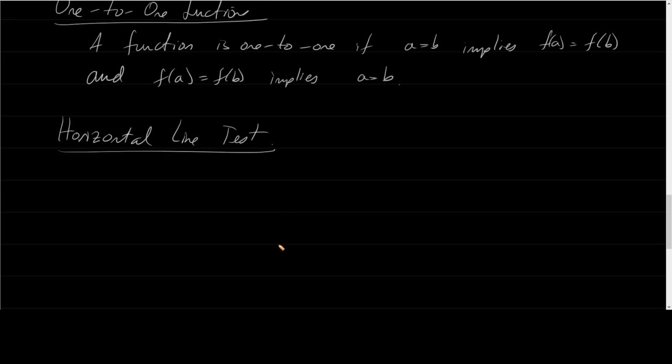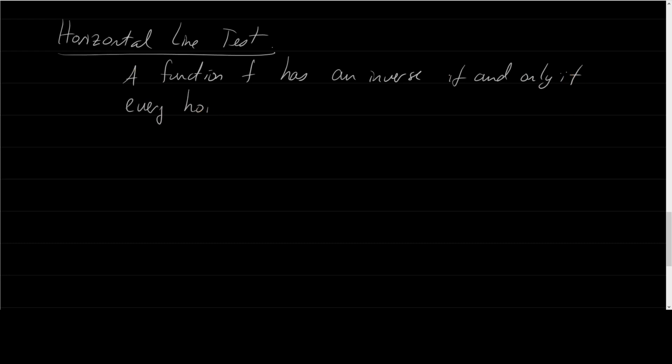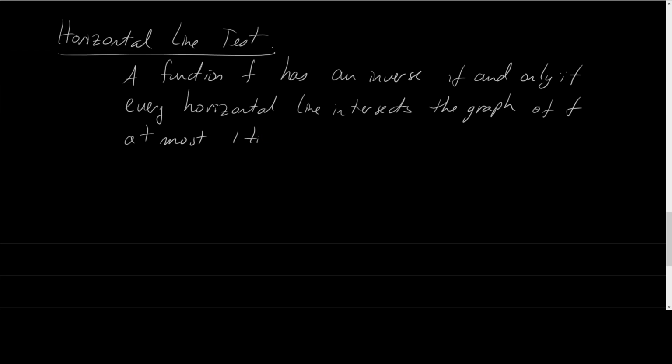All right? And the horizontal line test is as follows. A function f has an inverse if and only if every horizontal line intersects the graph of f at most one time.